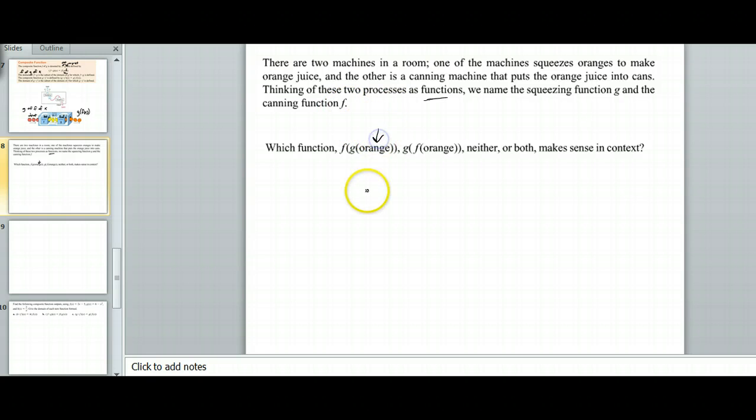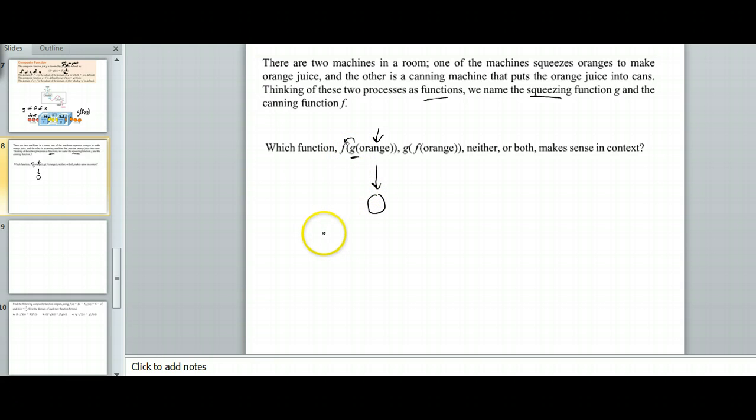So this literally means an orange goes in. What are we putting it into? First, we're putting it into g. What is g? G is the squeezing function. So we take this orange and put it into g first.